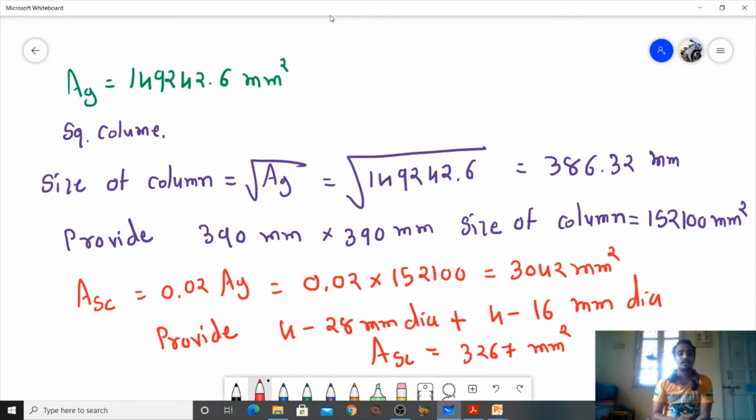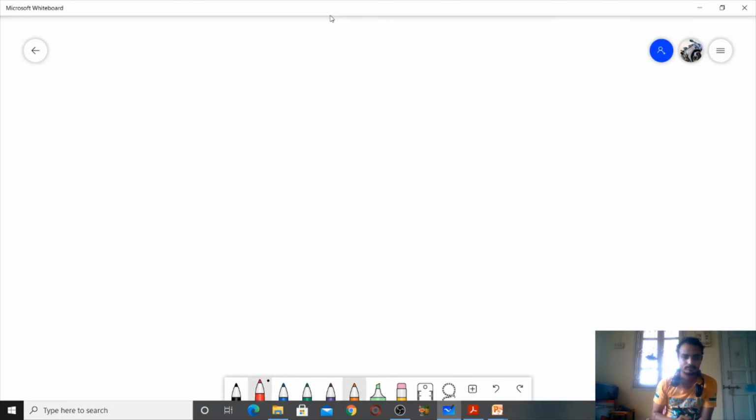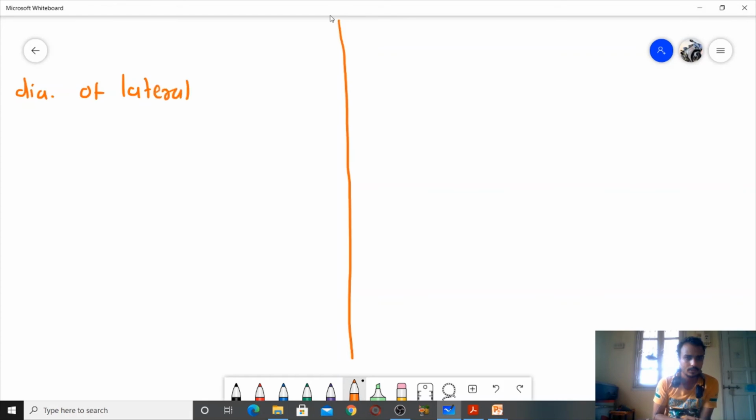Now we have to find the diameter of lateral ties. We have two conditions here. First is 1/4 into the diameter of the largest bar.